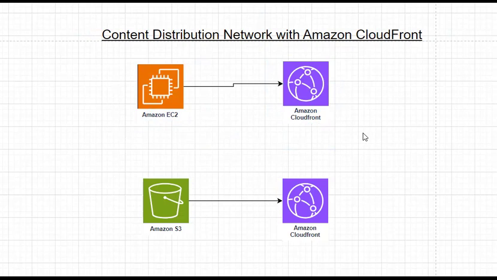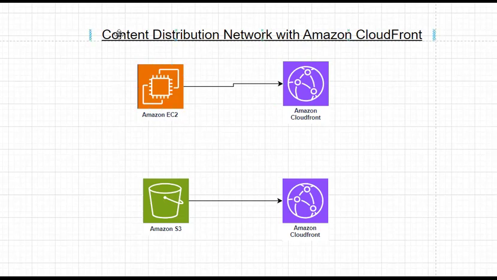Frequently accessed data will be cached at that edge location, and whenever users try to access the same content again and again, they get the data from that CloudFront edge location, not from the server. In this way, the number of requests coming to the server reduces, and users can access the content very fast with low latency from the nearby edge location where the content is saved. So let's do that hands on.